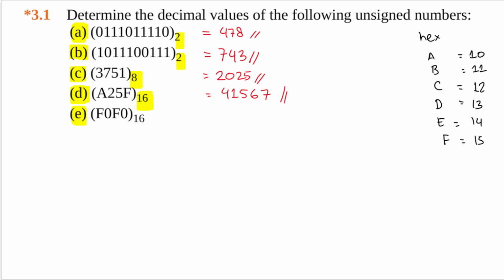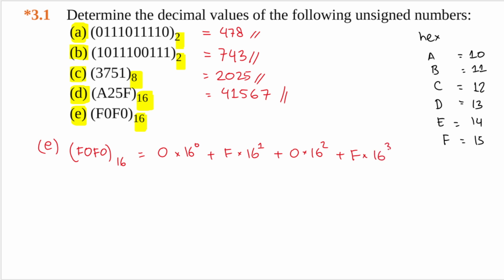Let's clean up the board. Okay, again we work in hexadecimal here. Let's copy the problem first. So we will have F0 in base 16. So let's start from the least significant hex digit here. So we will have 0 multiplied by 16 to the 0, and then plus F multiplied by 16 to the 1, and then plus 0 multiplied by 16 squared, and then we will have F multiplied by 16 cubed.